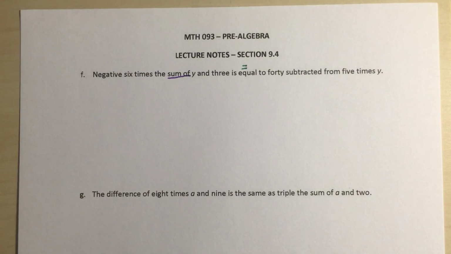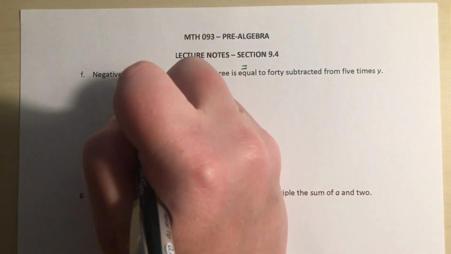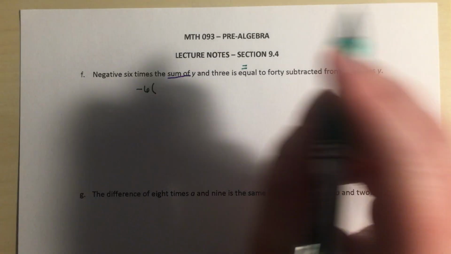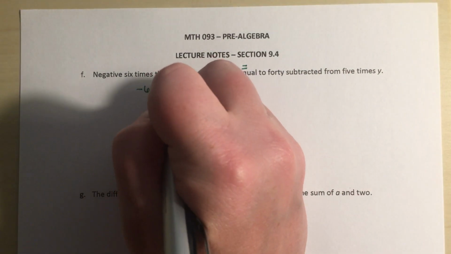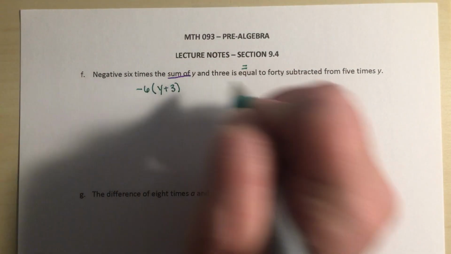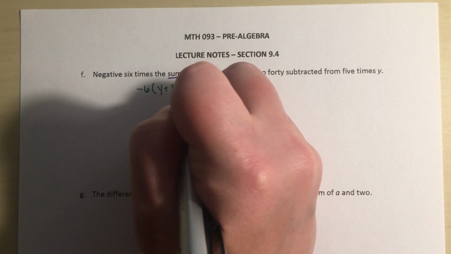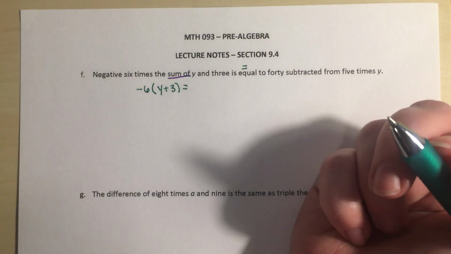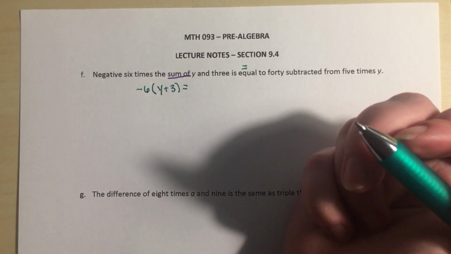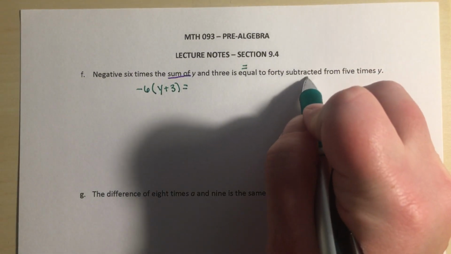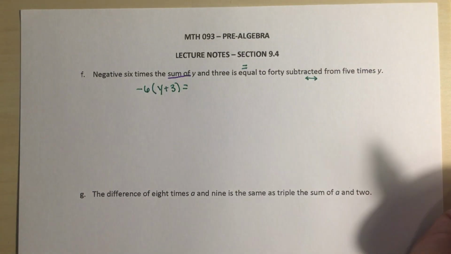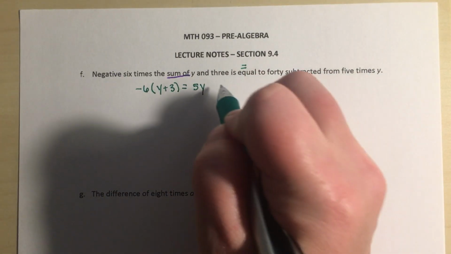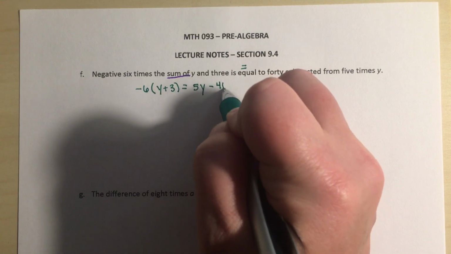So -6 times the sum of y and 3, y plus 3, is equal to, there's our equal, 40 subtracted from 5 times y. Subtracted from is another weird one that switches our English order. So we're going to have 5y minus 40.